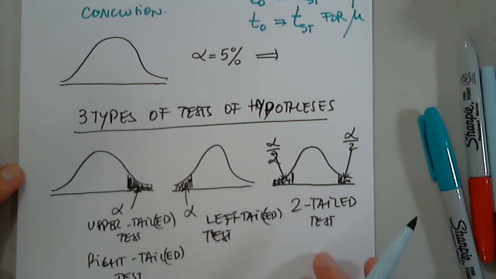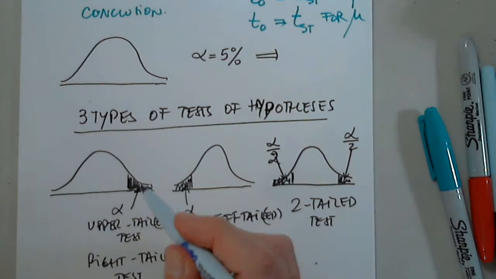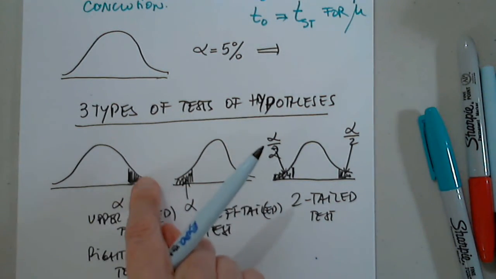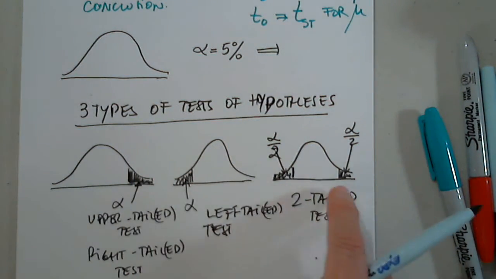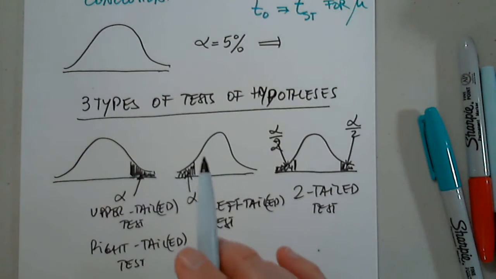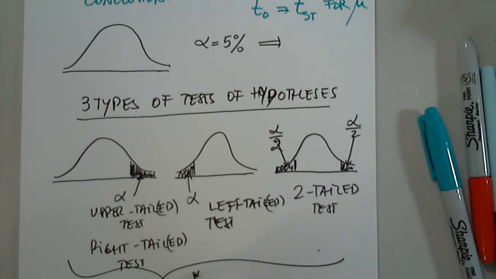So what is the difference, basically? You will see in a moment how we determine if it's an upper or lower, or right or left, or two-tail test. These three tests depend on the claim. So they are decided by the claim.